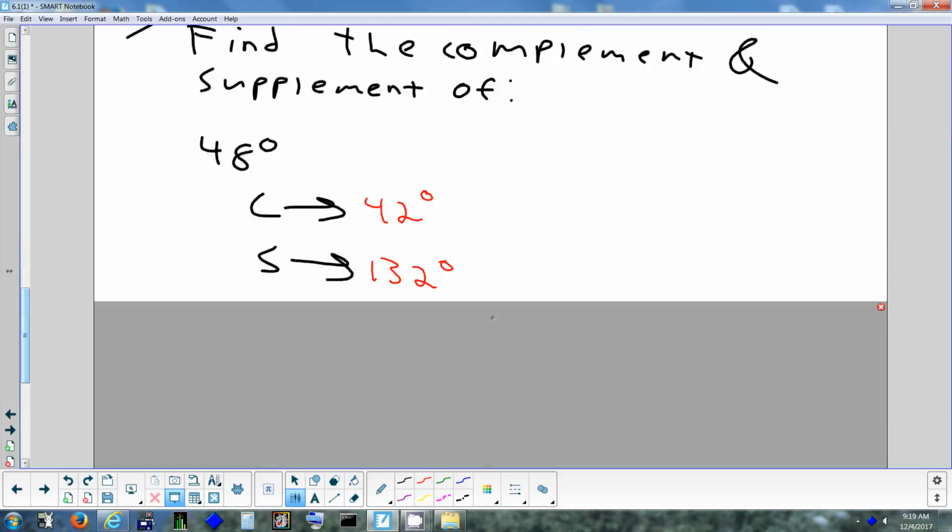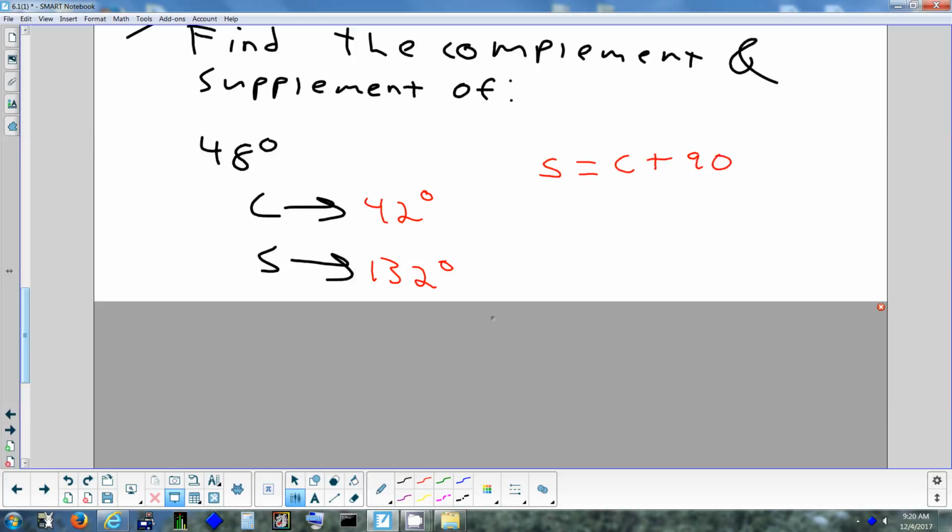In fact, once you have the complement, you could just do something with that to get the supplement. Can anybody think what, if you wanted to write a formula? Well, actually, let's write it like this. The formula for the supplement is, Gracie? C plus 90. Yeah, it's the complement plus 90. And then you could rearrange that different ways. Like you could get C by itself.